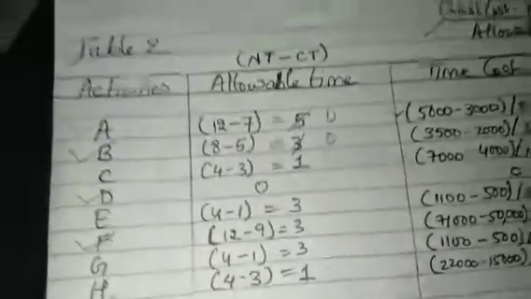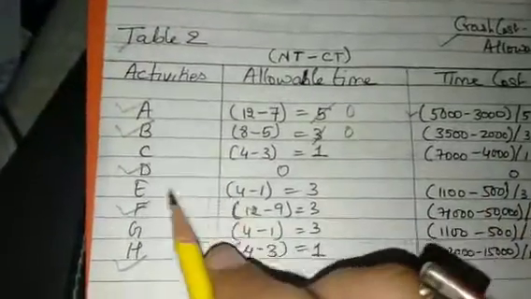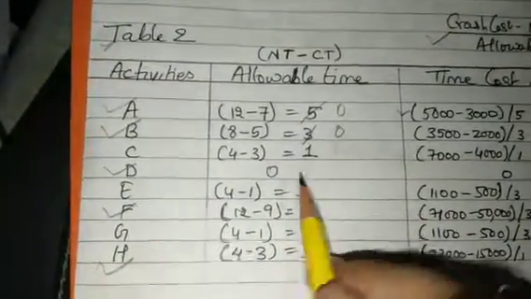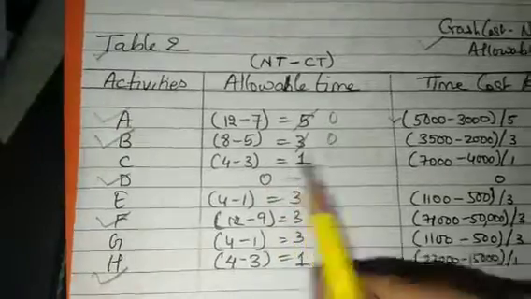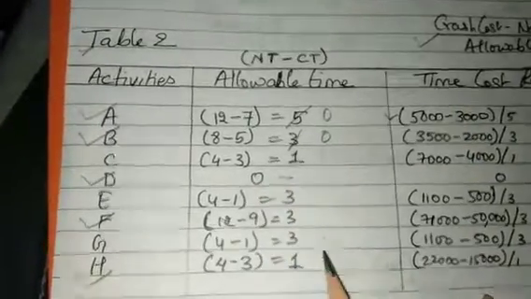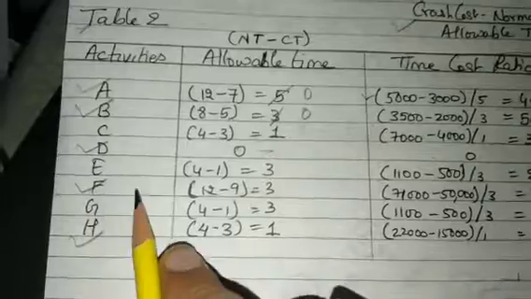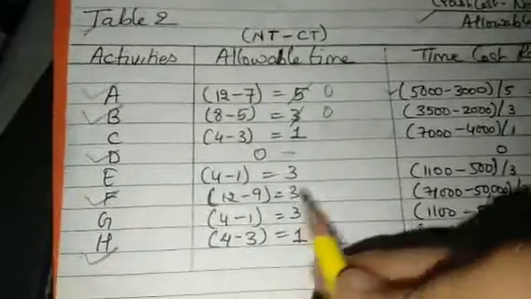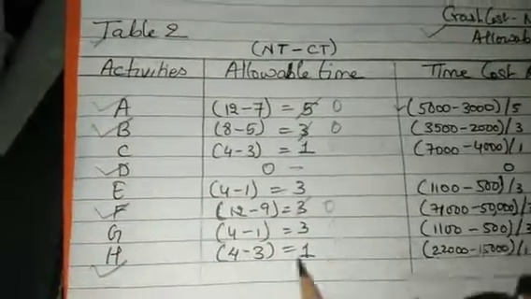Now again try to crash the activities on the critical path. D can be crashed, but it is already 0, so we don't have to consider it. F can be crashed by 3, so crash F by 3.